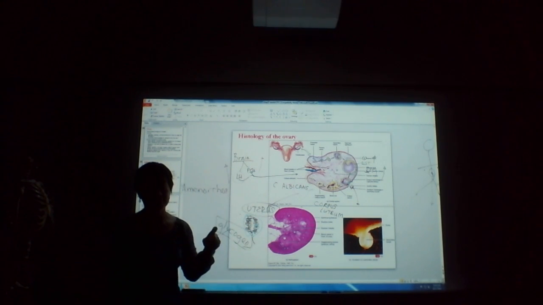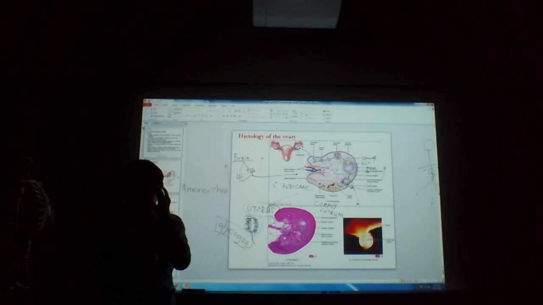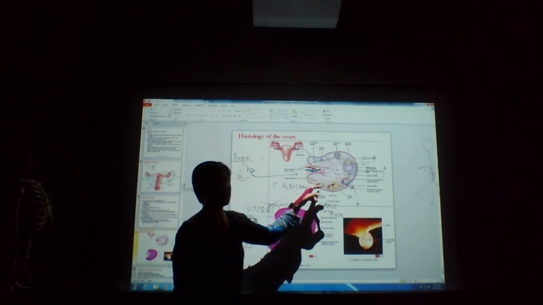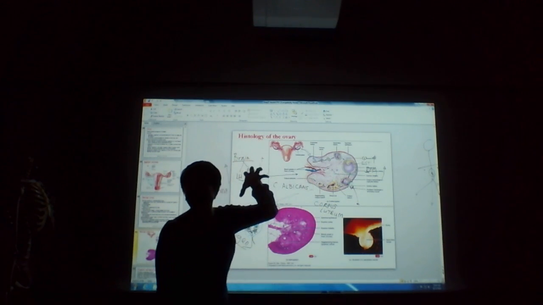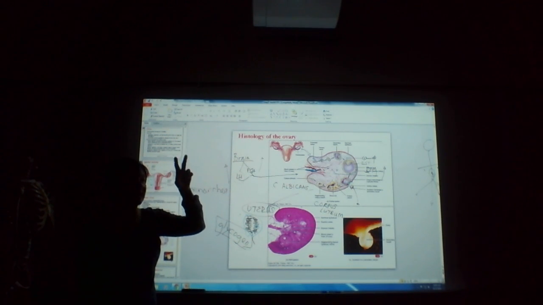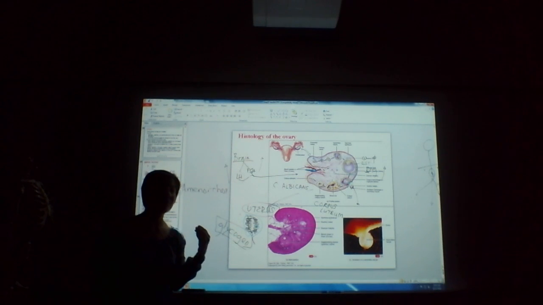There's a problem whether we get pregnant or not. This corpus luteum can only maintain high levels of progesterone for no more than 2 weeks if you don't get fertilized, or no more than 4 weeks. Some books say up to 6 weeks.